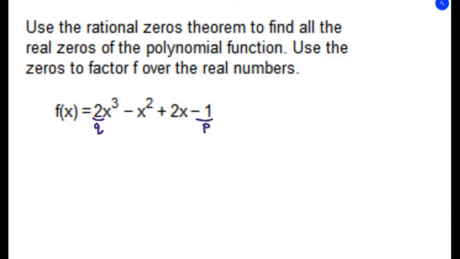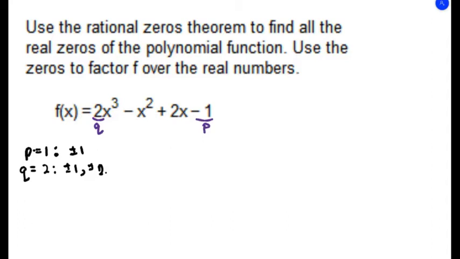So we're going to start off with listing the factors of these numbers. So the factors of p equal 1 are going to be plus and minus 1. The factors of q equal 2, those are going to be plus and minus 1 and also plus and minus 2.